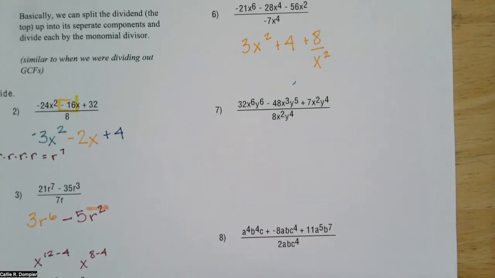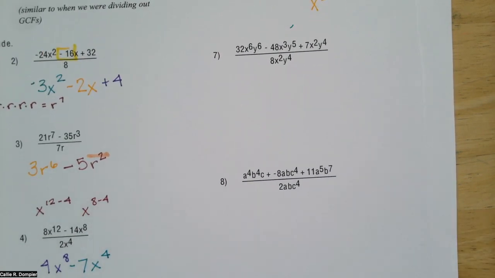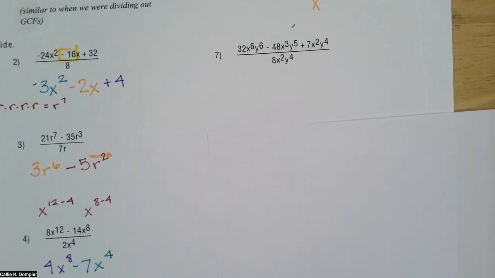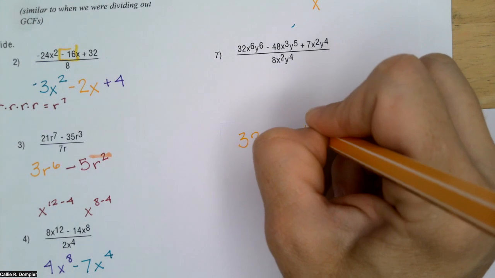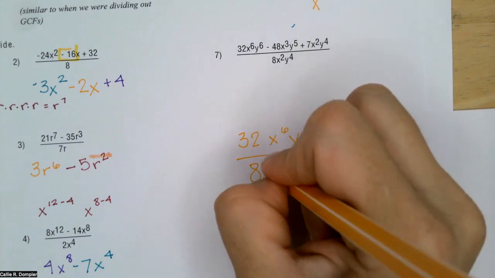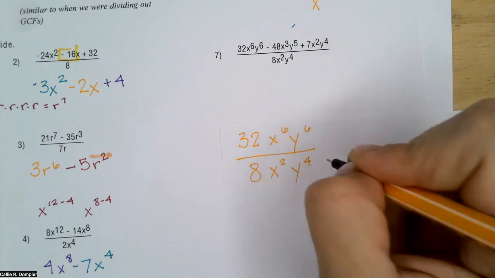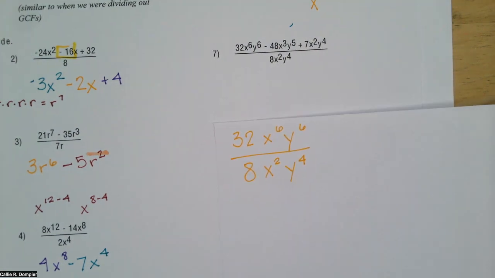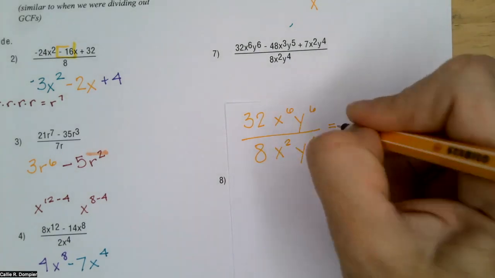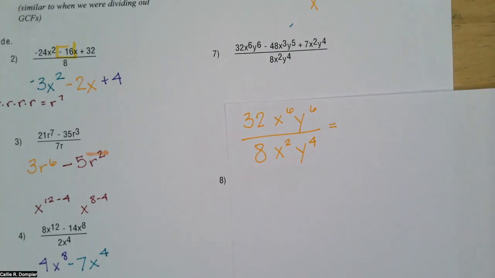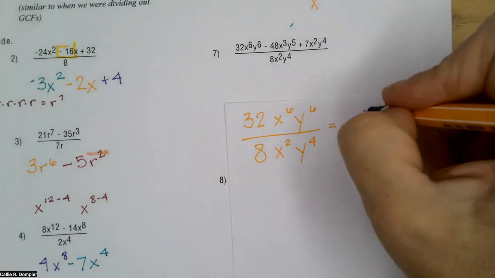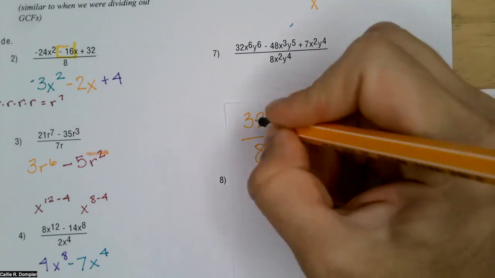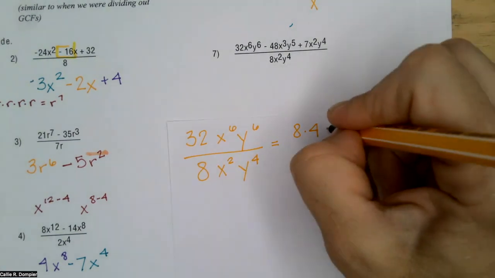All right. 2 more examples. This one is 32 x to the 6th, y to the 6th over 8 x squared y to the 4th. 32 divided by 8 is 4. 8 times 4 gives us that 32. 6 x's.